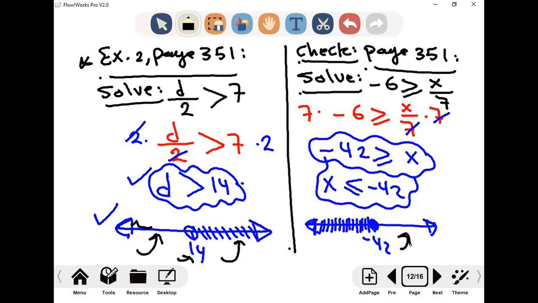Select a number that can divide by 7, so you won't get a decimal. Any number more than negative 42, like 14. 14 divided by 7 is 2. Is 2 less than or equal negative 6? No.